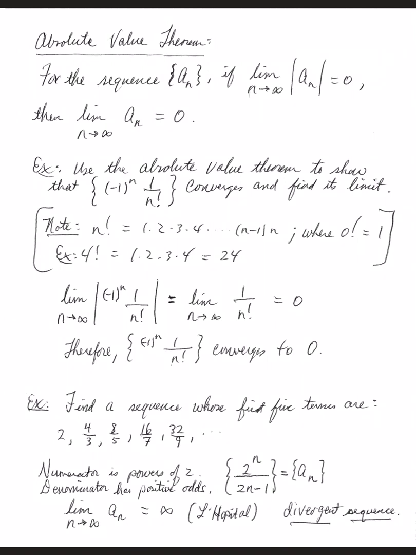Applying L'Hopital's rule, the derivative of the numerator is 2 to the n times natural log of 2, over the denominator, which has a derivative of just 2. Since the numerator contains a variable after the derivative, but the denominator becomes constant, this sequence will really grow and grow fast.